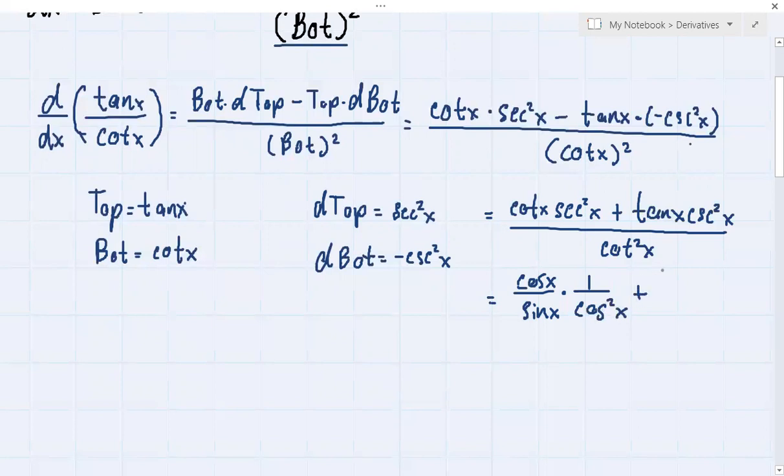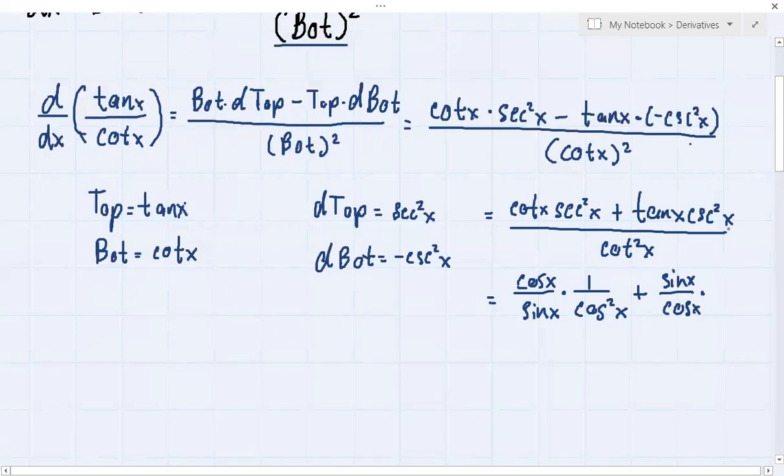Plus tangent x, remember that tangent x is equal to sine x all over cosine x. So we will have sine x all over cosine x. And lastly, cosecant x is the same as 1 all over sine x. So, ang square ng cosecant x is 1 all over square ng sine x. There we go.